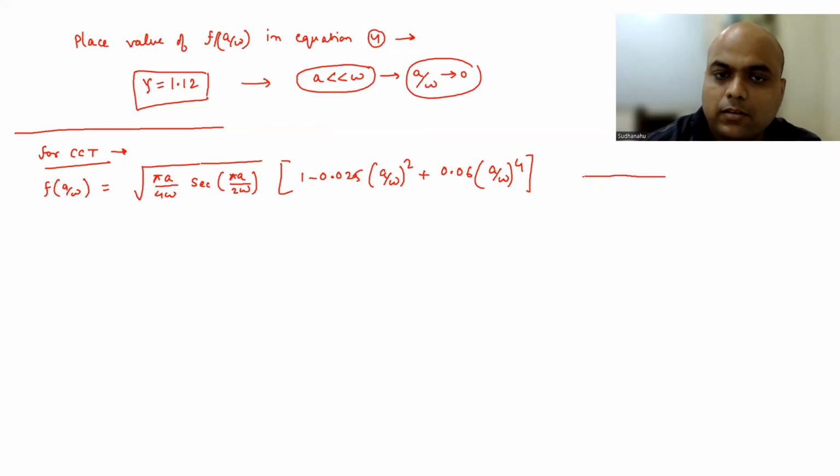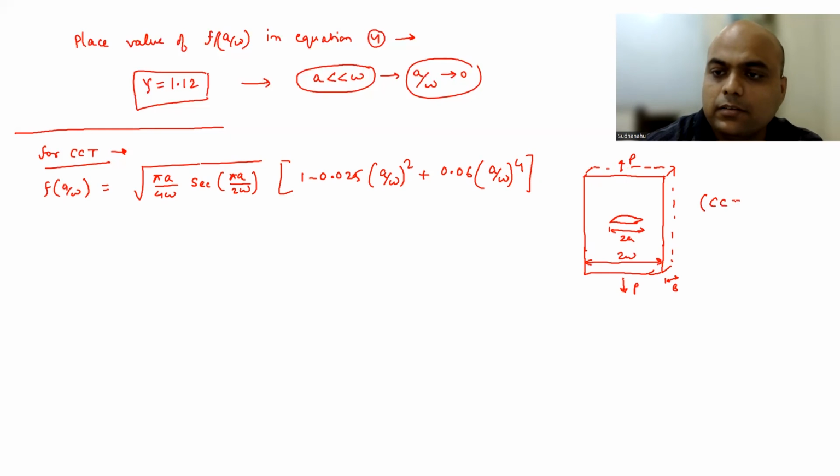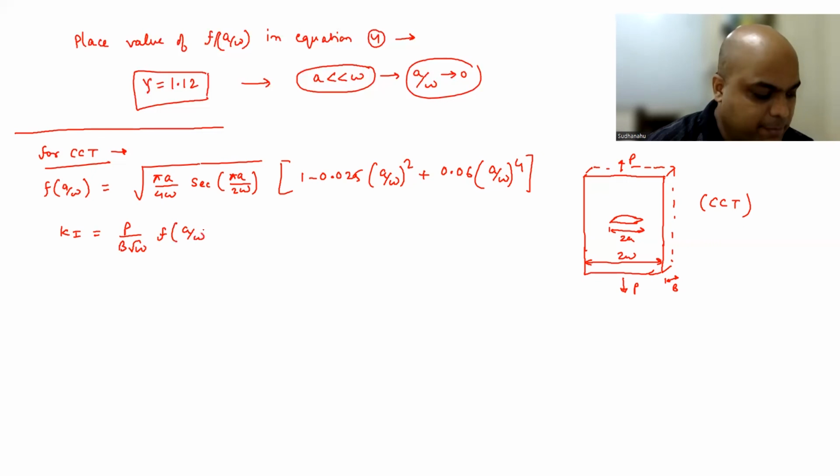So your applied load is P. Then say thickness is B. And then you have crack length of 2A and width is 2W. So this is CCT. So f A by W is given by this, and we also know K1 is P by B root W, f of A by W. Okay.